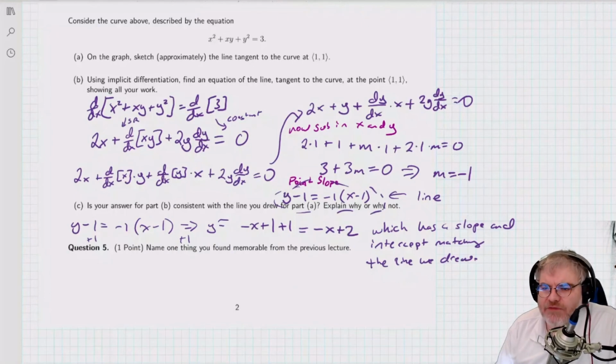So 1 to 5, how do we feel about that last one? Yeah, it would be enough to just say they both have the same slope.